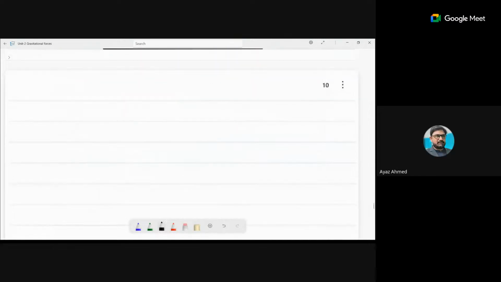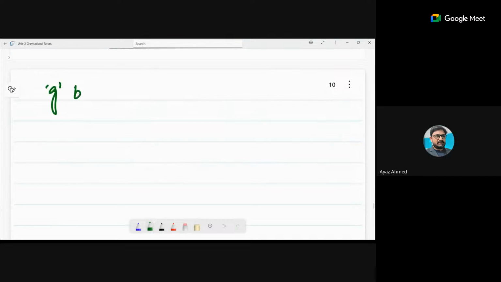Now let's discuss the value of g below the surface of the earth. This is a very interesting fact. What will be the value of g below the surface of the earth? I would like to share a diagram with you.